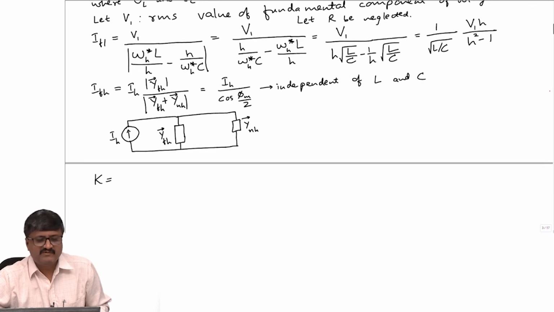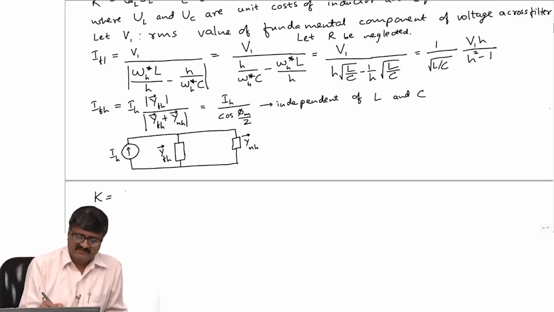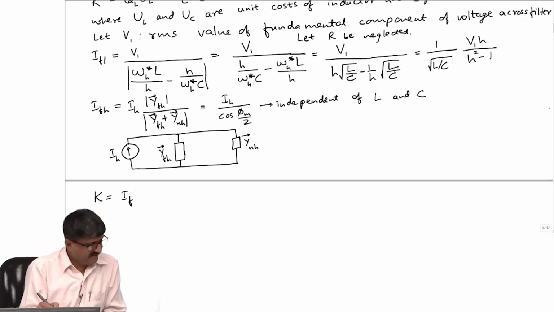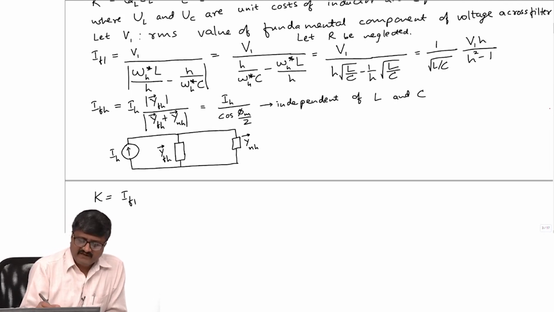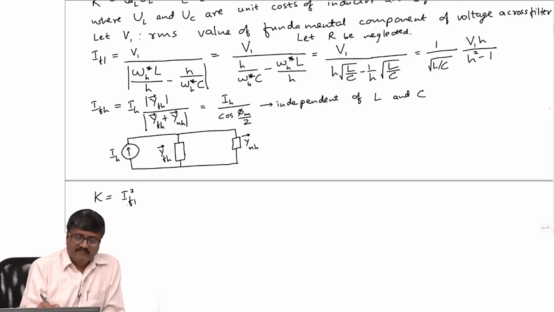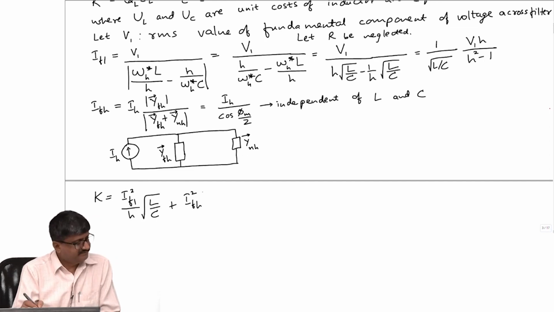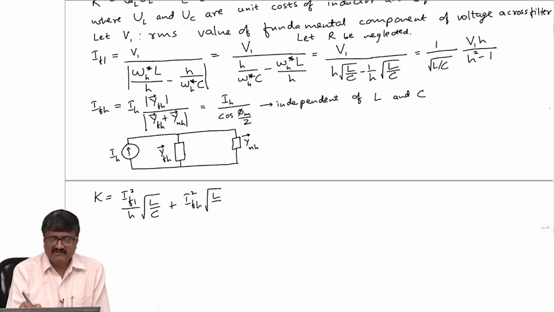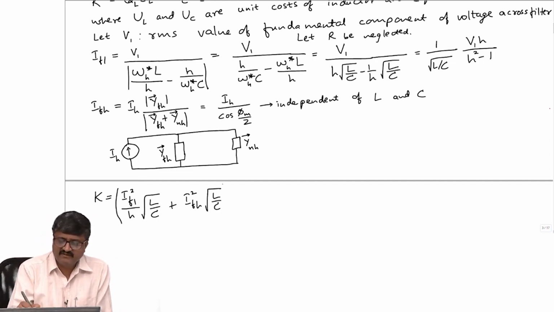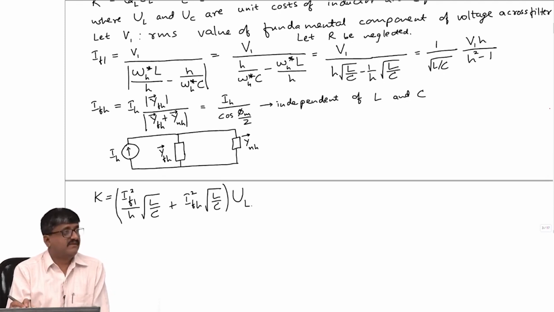Let me give a few more steps. QL is I1 squared by H into root L by C plus IH squared root L by C, and this should be multiplied by UL.